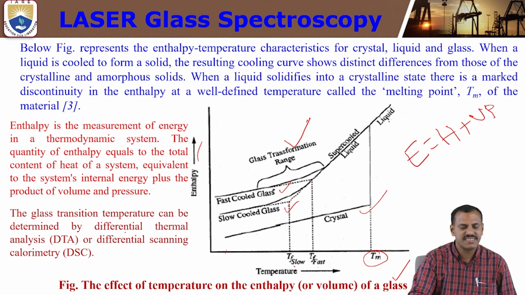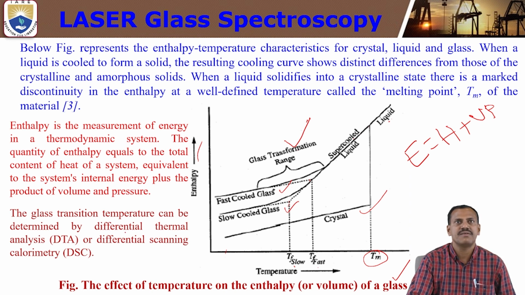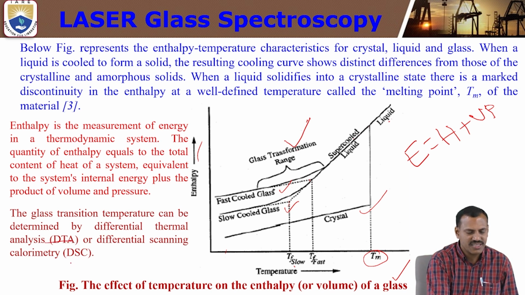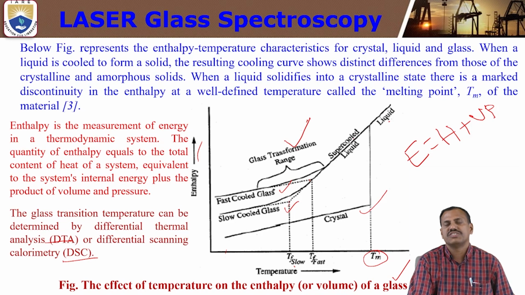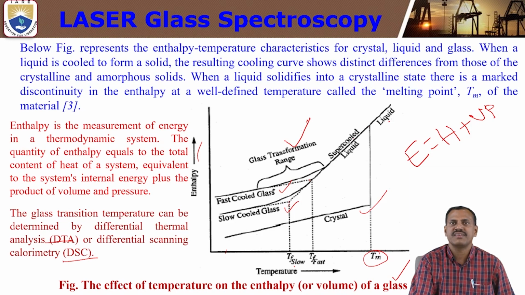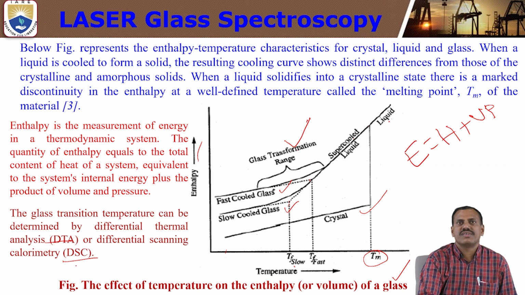The glass transition temperature can be determined by differential thermal analysis, DTA, or otherwise by DSC, differential scanning calorimetry. Both instruments can be used to determine the glass transition temperature, the crystalline temperature, and the glass melting temperature. These three parameters we can study using these two instruments.